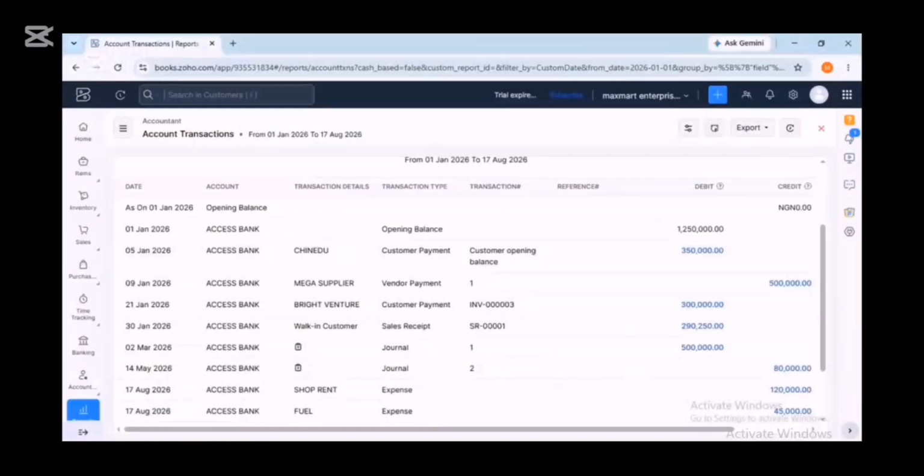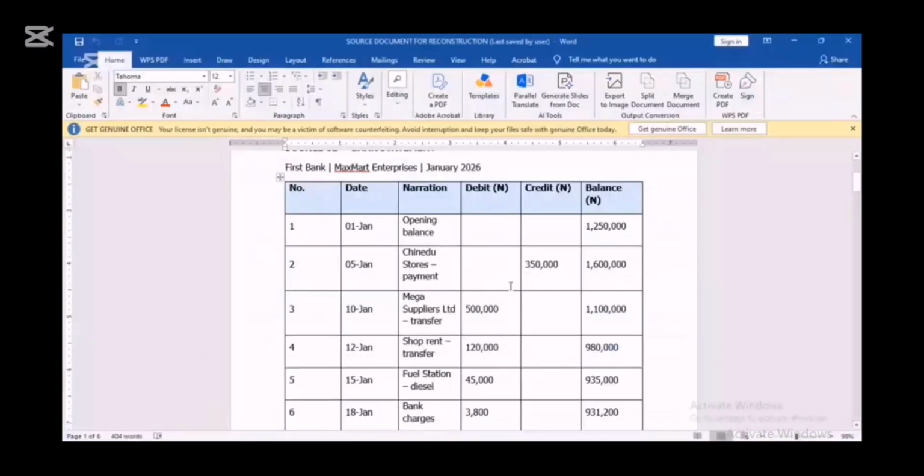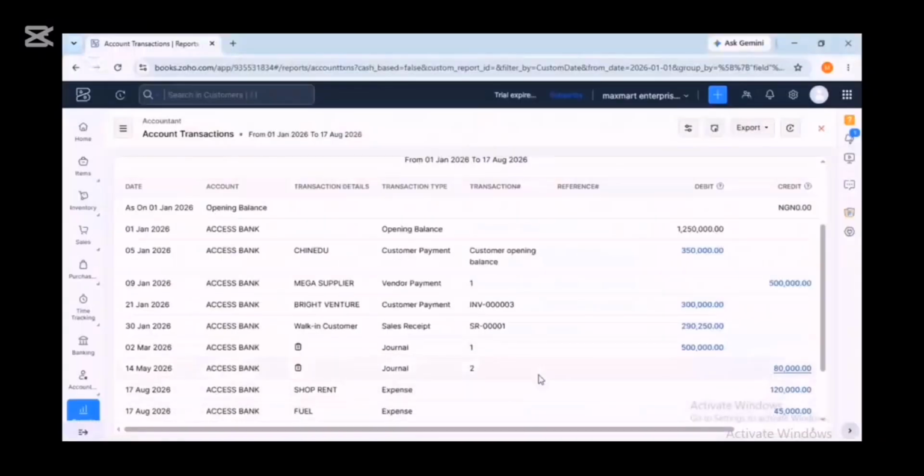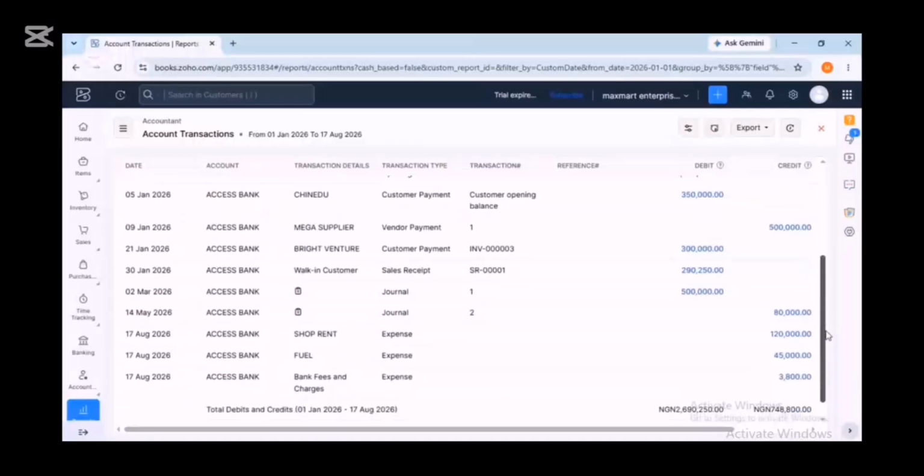So you see the opening is right there. Then the payment of 350,000 is also seen. So right up here after the opening balance, you see 350,000. So you can see the balances, the 500,000 income for the business.